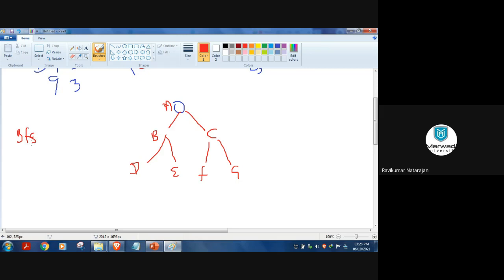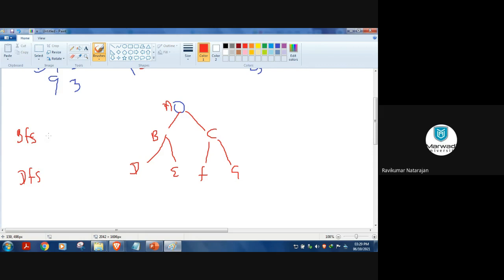Now tell me the traversal of BFS and DFS for this problem. I mean, there is no thief right now, just a tree. You just want to apply BFS: A, B, C, D, E, F, G. For BFS you just tell me the sequence, like how I traverse.